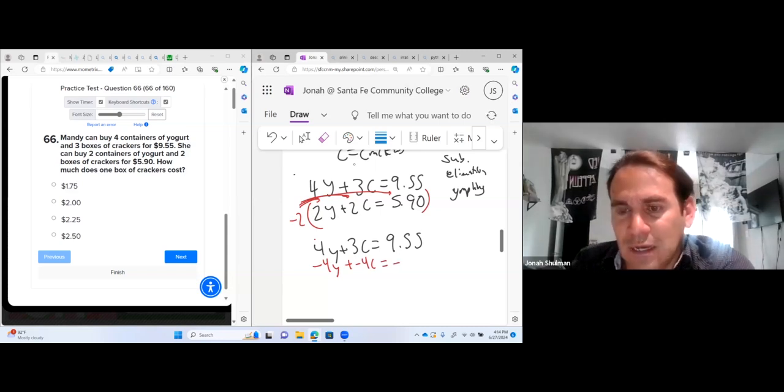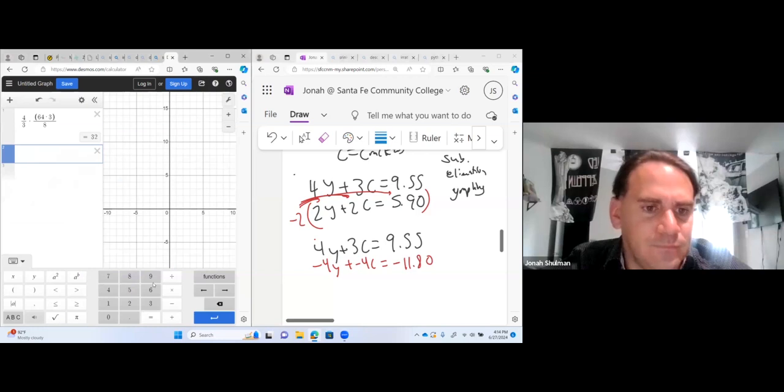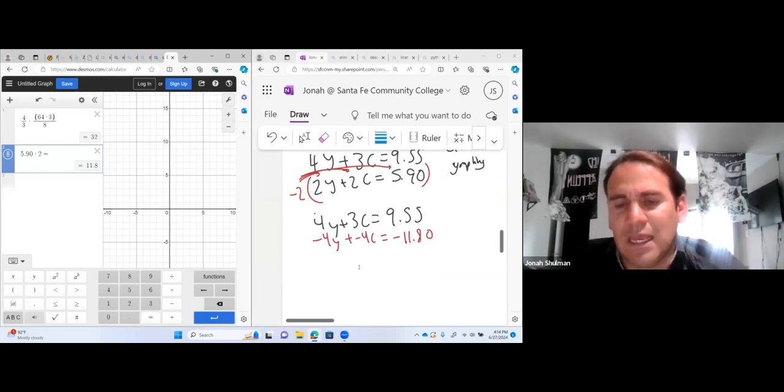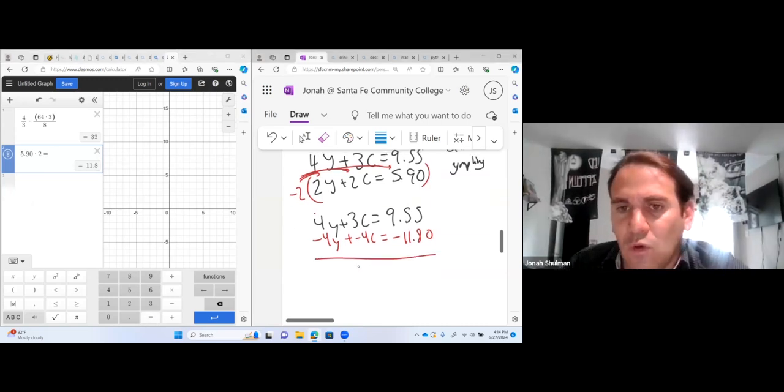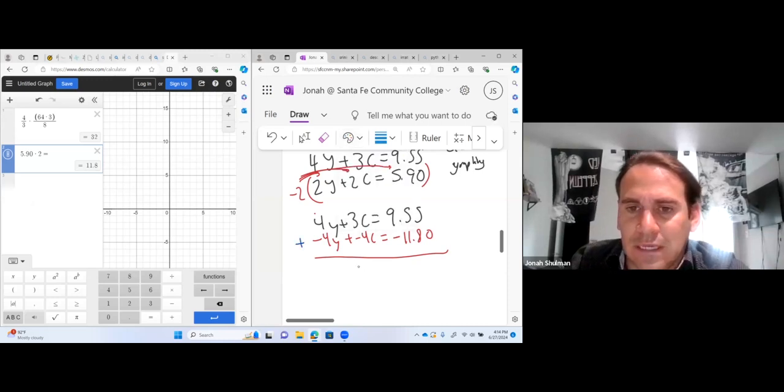well, 590 times 2 is 1180. And if you don't believe me, that's okay. $11.80. So all we have to do is add up. So if I add up the whole thing, these cancel.